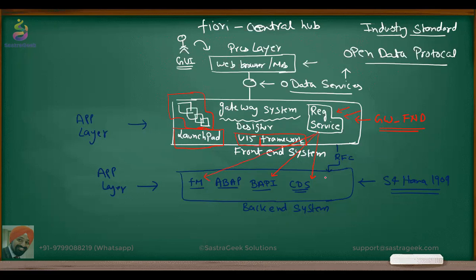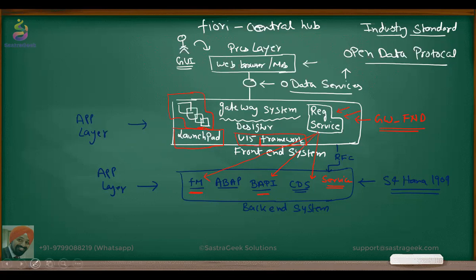The service that needs to provide the data would be written here, and these services would be calling standard BAPIs and standard functional modules, which have a standard set of code. Let's say you want to know the information about a sales order or a production order. We have standard functional modules and standard BAPIs which are used to provide that information. So again, SAP would be using those standard functional modules and standard BAPIs.